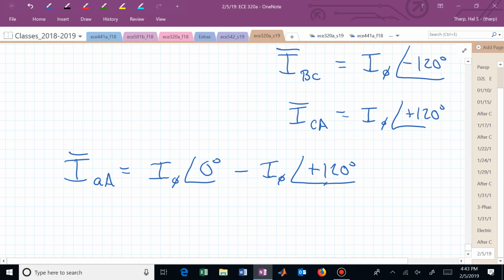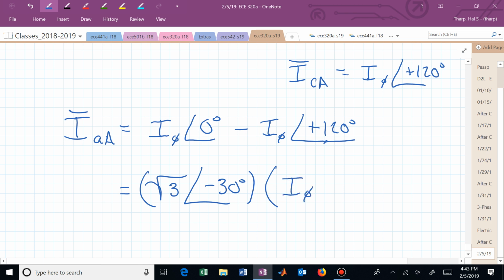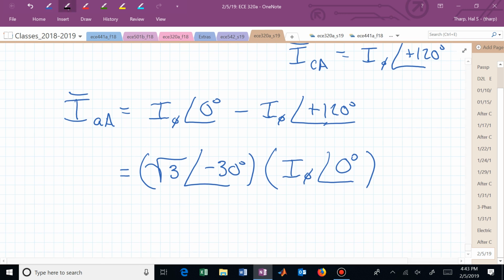Before we had an angle of minus 120 being subtracted. You go through the math or the algebra like we did before, and you're going to see that now we have a square root of 3 at minus 30 degrees connecting this phase current of I sub AB to the line current I sub AA.